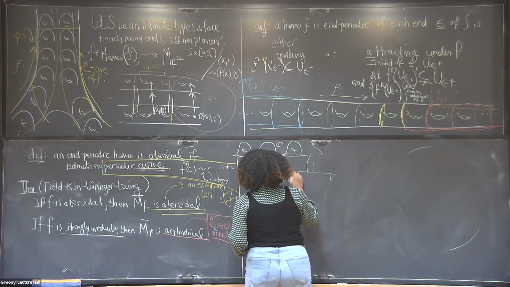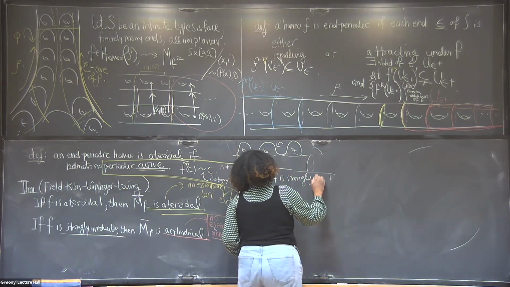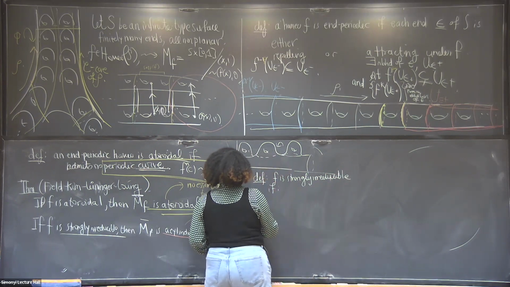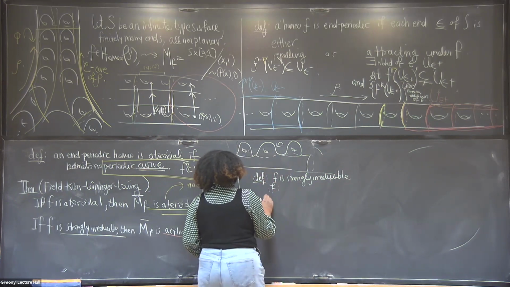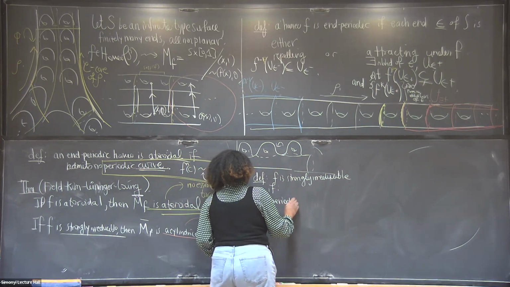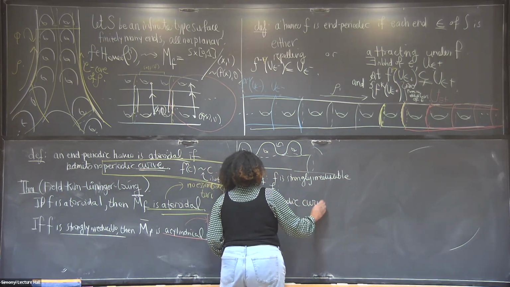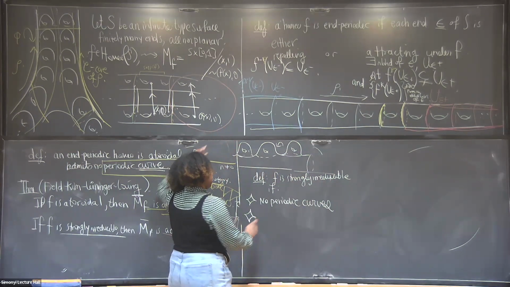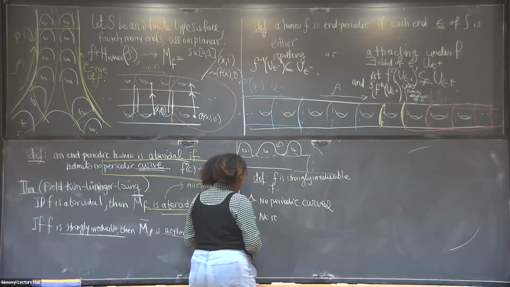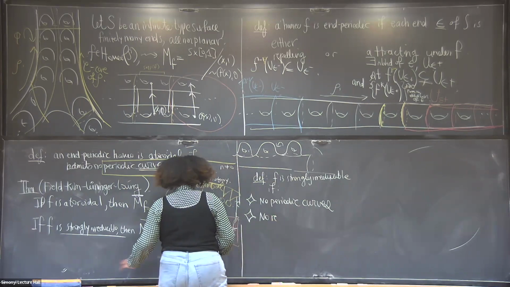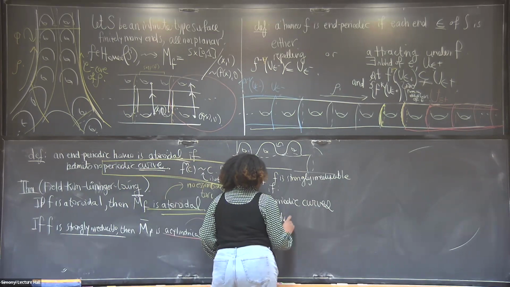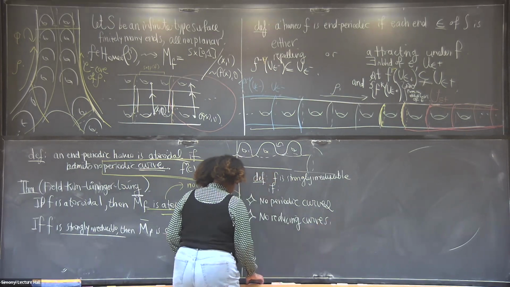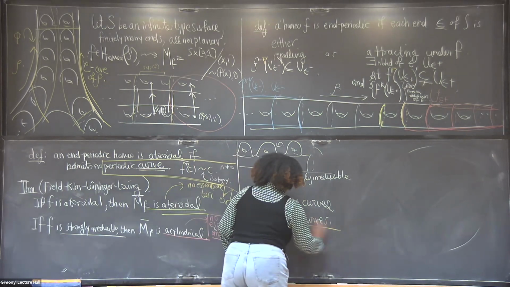F is strongly irreducible. It's a bunch of no-nos, so no periodic curves. What I just described is called a reducing curve. No reducing curve. Let me be more careful.